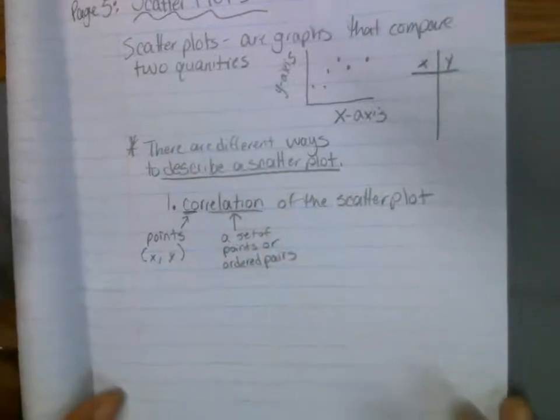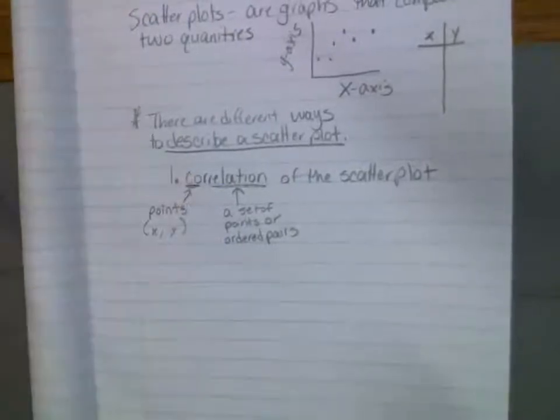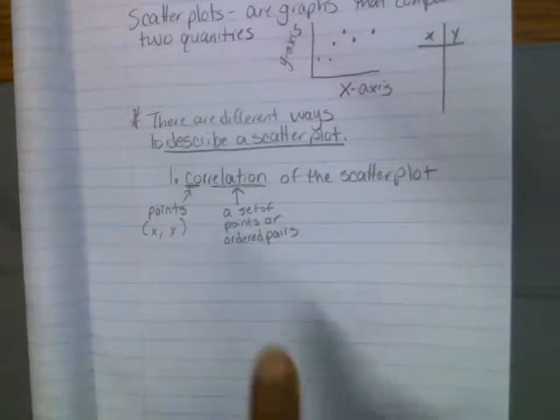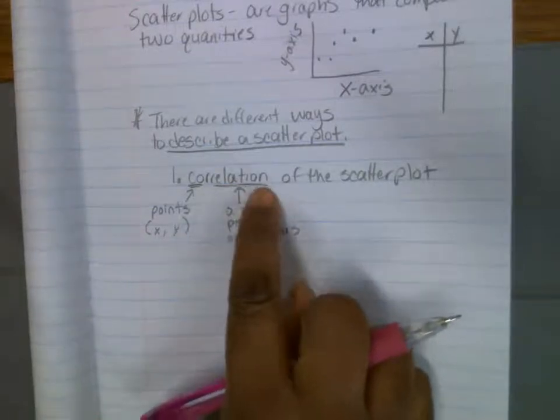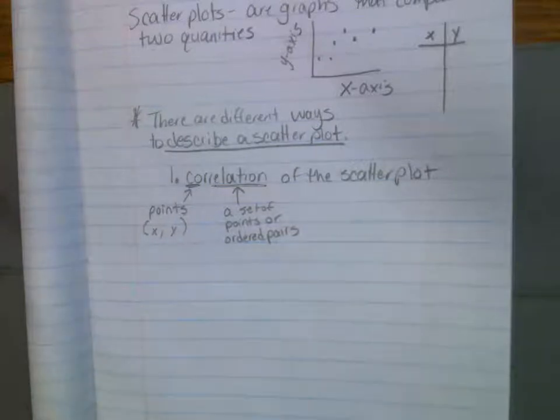So the prefix, the beginning part of the word, co, represents, or the meaning behind it is points. The back part of the word, the suffix, relation, is a set of ordered pairs. Okay? Write this down.